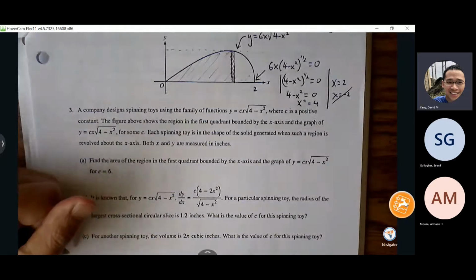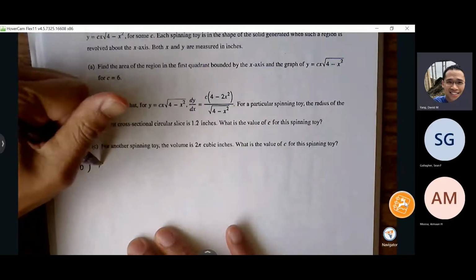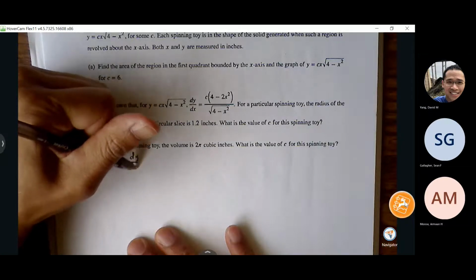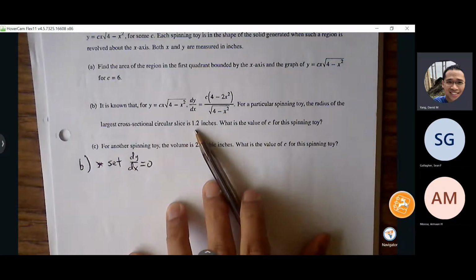Okay, so for part B, we're going to be setting our dy dx equal to 0. Okay, because that's where the meeting point is.